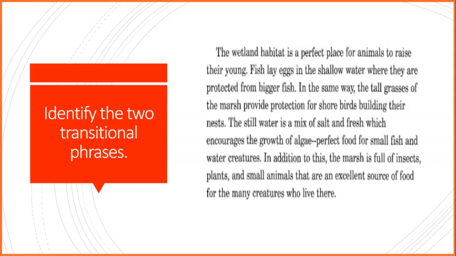Still water is a mix of salt and fresh, which encourages the growth of algae, perfect food for small fish and water creatures. In addition to this, the marsh is full of insects, plants, and small animals that are an excellent source of food for the many creatures who live there. Did you catch the transitions? In the same way is a transition that lets us know we're adding information. And in addition to this is a transition that lets us know we're adding information.